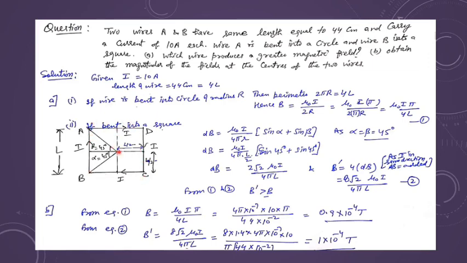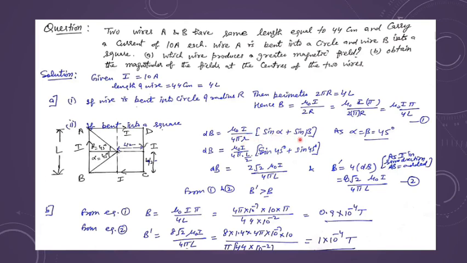So I am simply finding because of this length AB. I have completed the diagram by joining A and B with the center of the square, O point. I am getting these angles equals to 45 degree. And the formula for the straight wire is known to me, that is dB, small magnetic field, equals mu naught I upon 4 pi r into sine alpha plus sine beta.